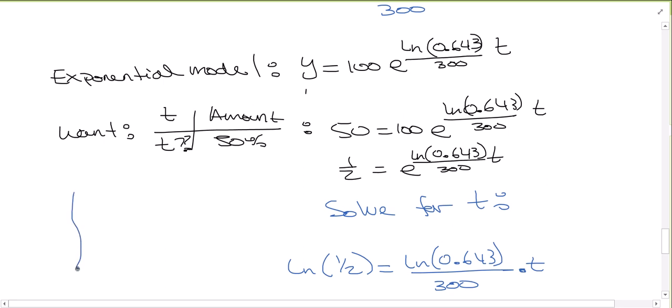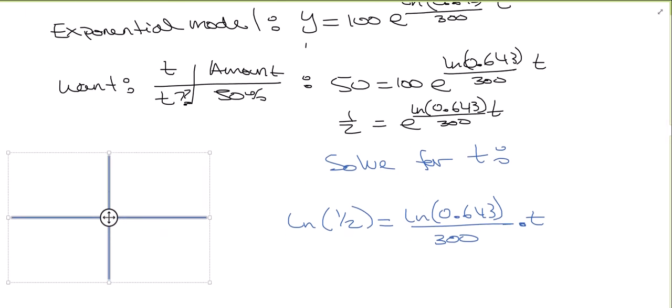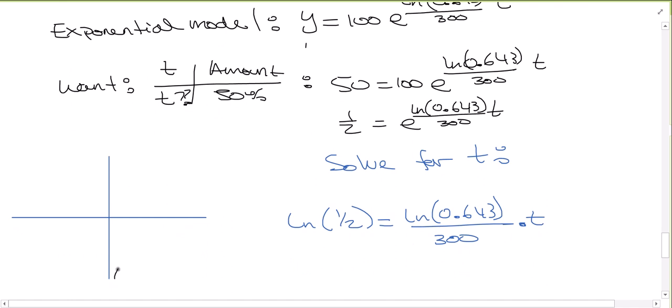about the graph of a logarithmic function, its graph is something like that. It crosses at 1.